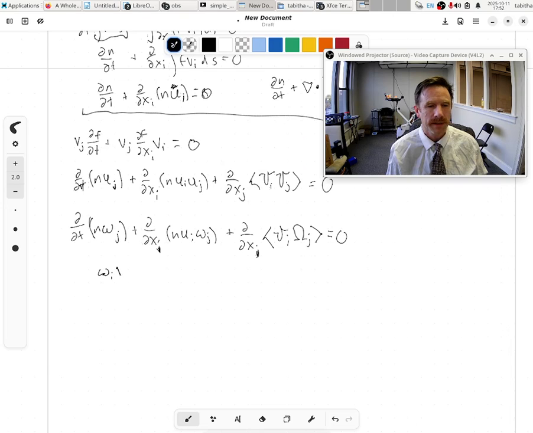Write out the master equation, multiply it with our term omega I Vj df dt plus omega I Vj, and now we must sum over another index, so it's going to be k. Now we're going to integrate over this.